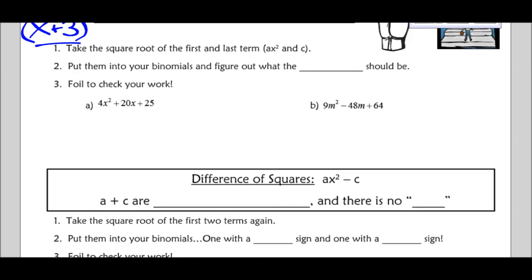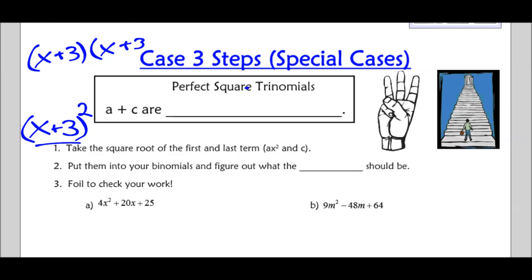I'm going to go through those things. So a plus c, actually not a plus c, I don't think I like that there. A and c are perfect squares. Actually, odds are a plus c is not going to be a perfect square. A and c separately are perfect squares.